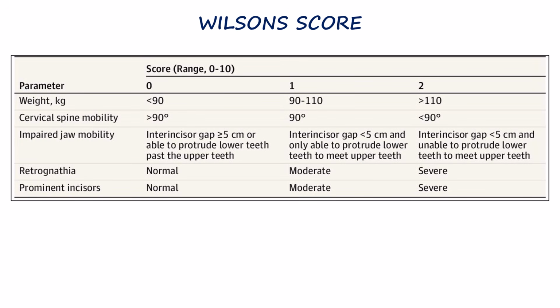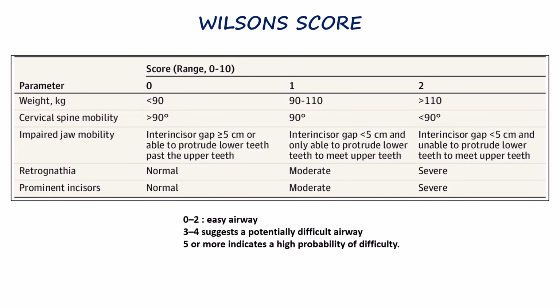We also use combined scoring systems that incorporate multiple individual parameters to predict airway difficulty. One such system is the Wilson score given here. The last part of airway assessment is investigation, which is used when clinical examination suggests potential difficulty or anatomical abnormalities.